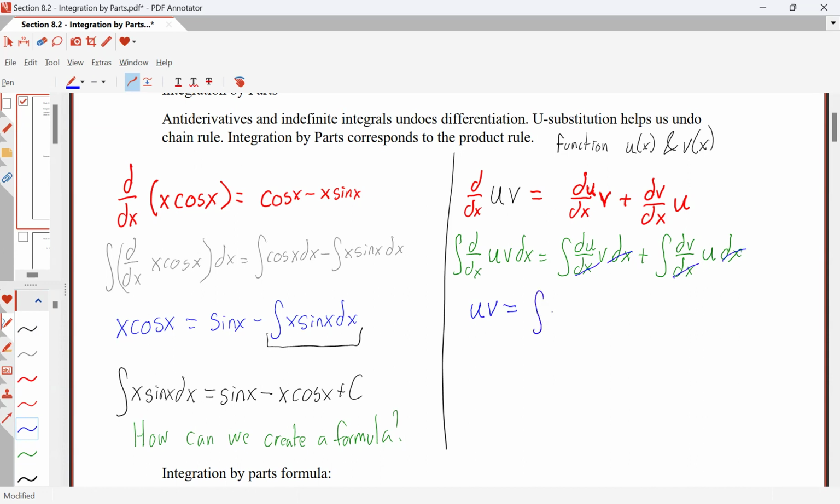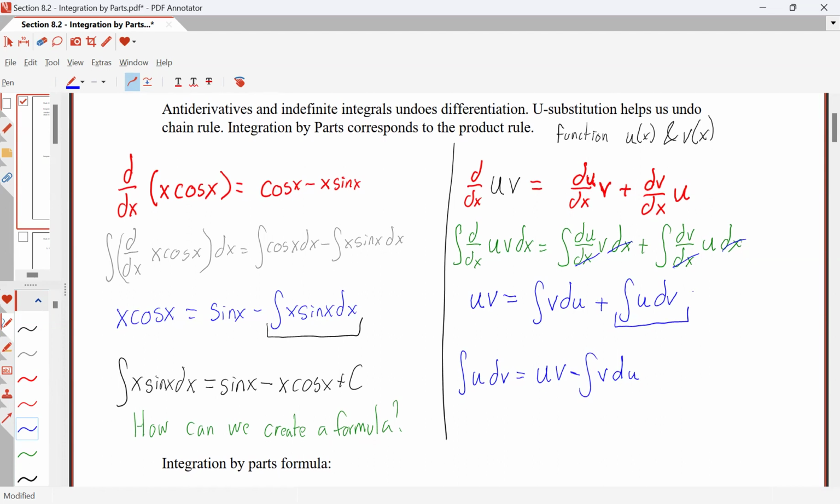We have the integral of v du plus the integral of u dv. Solving for either one of these, specifically, I'm going to solve for the u dv, we get that the integral of u dv is equal to u times v minus the integral of v du.